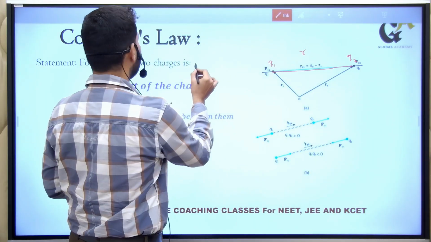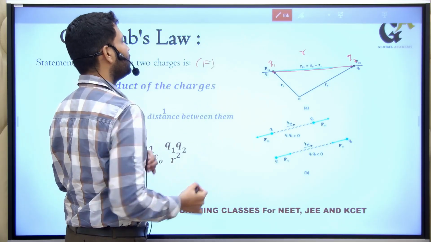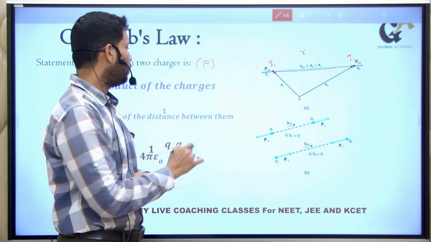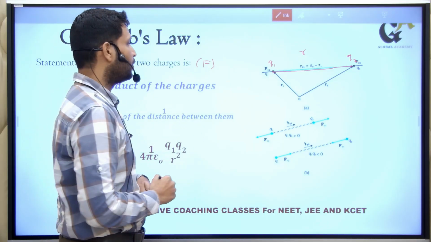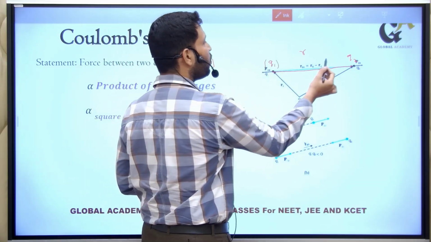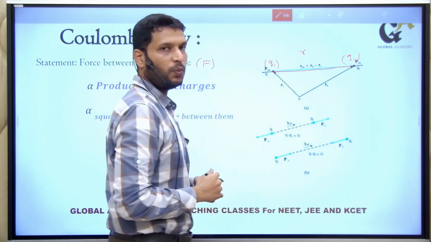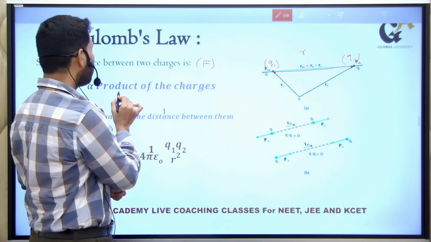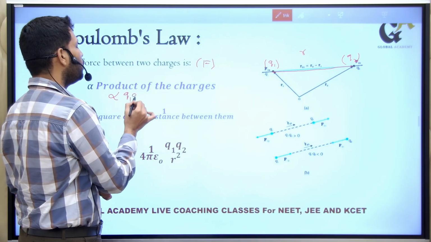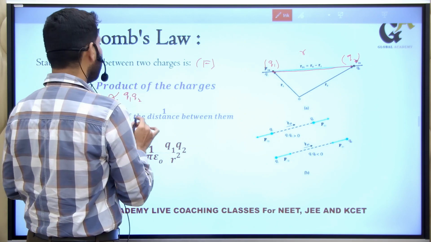The force of interaction is represented by F. This is directly proportional to the product of the magnitude of the charges, that is Q1 and Q2. So from the first part, we can say F is directly proportional to Q1 Q2.